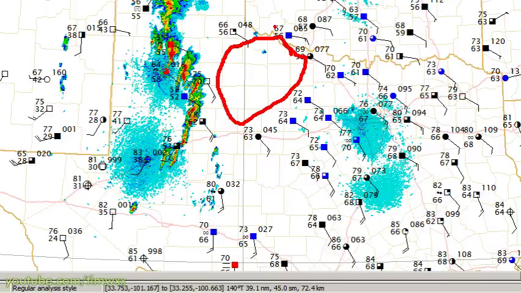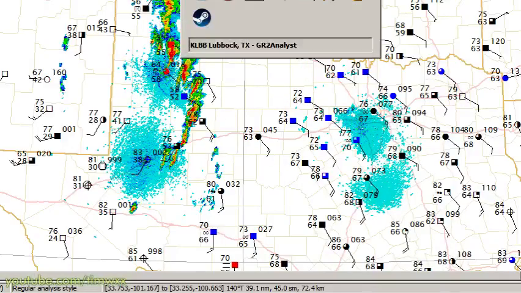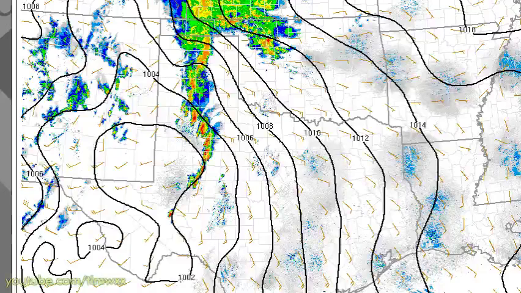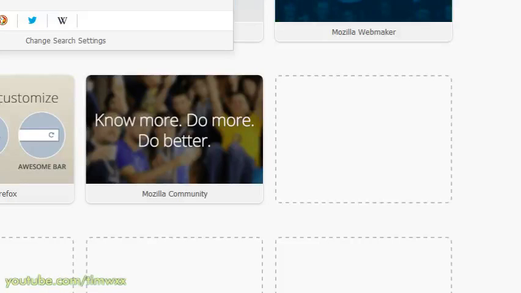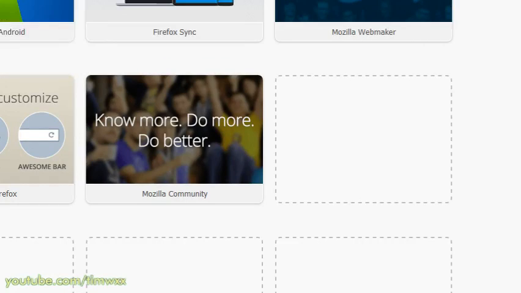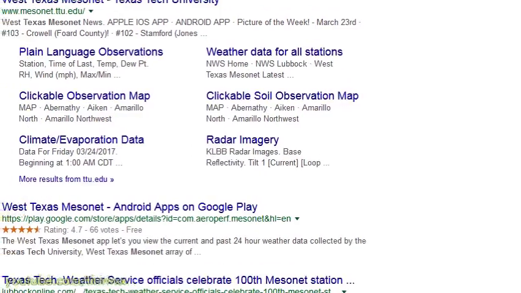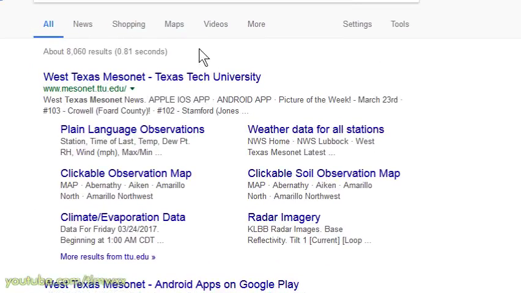Now, there is a source for this data, and that's run by Texas Tech. And let me bring that up for you. Texas Tech Mesonet. You can put that in Google. And that'll take you to this West Texas Mesonet site.